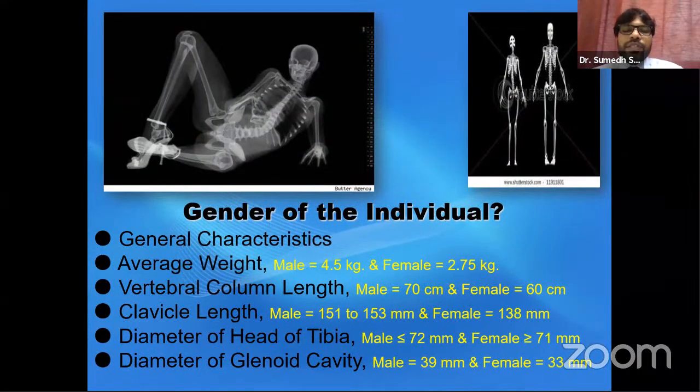Another point, which is very significant, is the gender of the individual. How are you going to determine the gender of the individual? If you see the general characteristics, male bones are usually heavier in a generalized way. Then the muscular markings, because genetically males have androgen or testosterone.